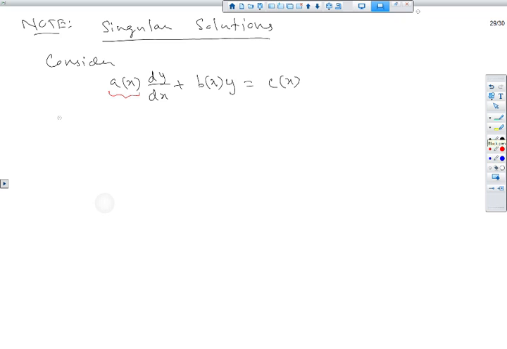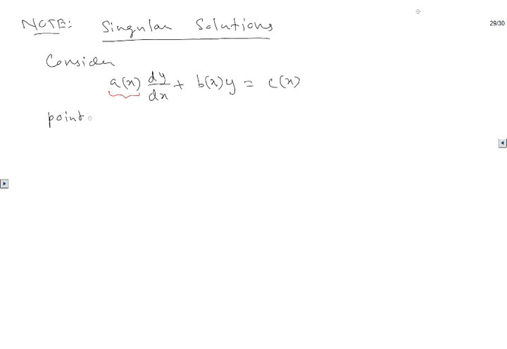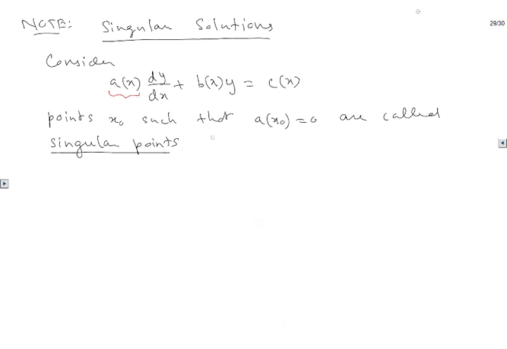So points x naught such that a(x naught) equals 0 are called singular points, and lead to a discontinuity in the solution.